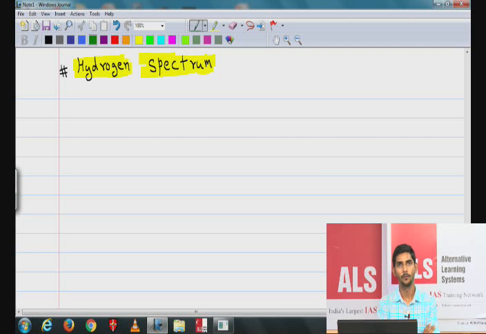See, when the radiations emitted from a sample of hydrogen atoms are passed through the prism and obtained on a photographic plate, we got some different lines. So these lines result in a spectrum, a pattern, which is termed as the hydrogen spectrum.